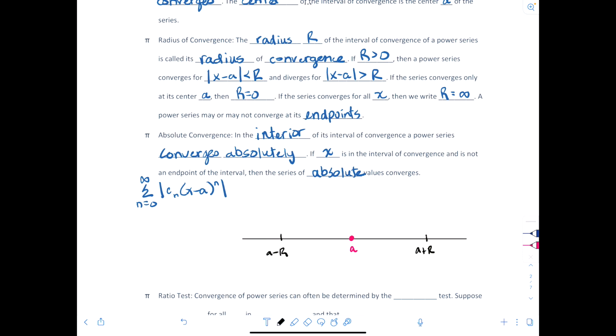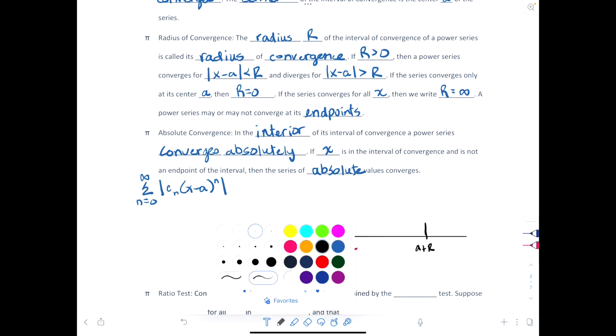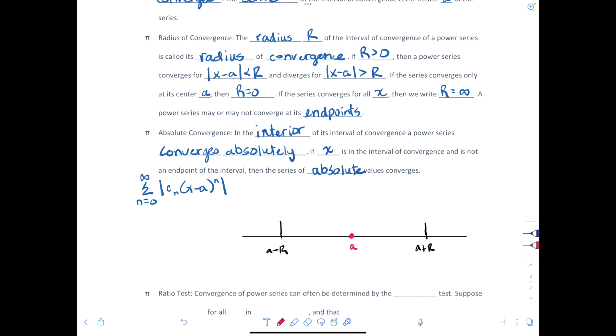So what we have going on is you've got absolute convergence right here within the interval.